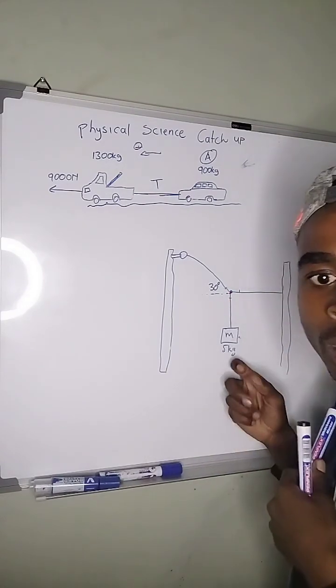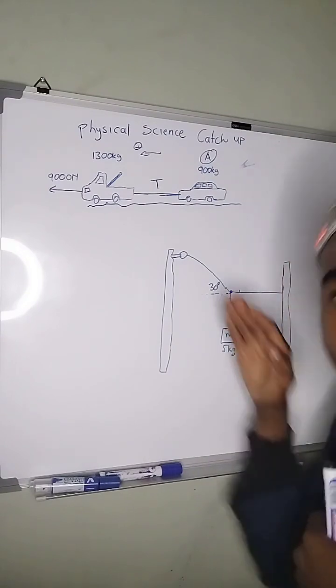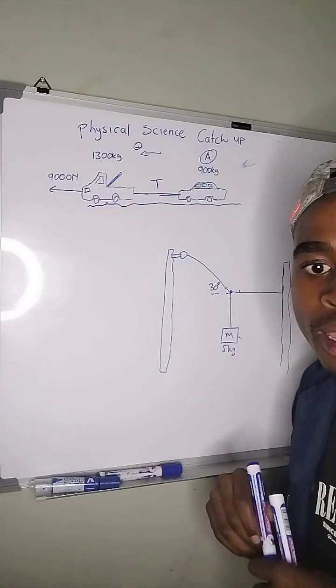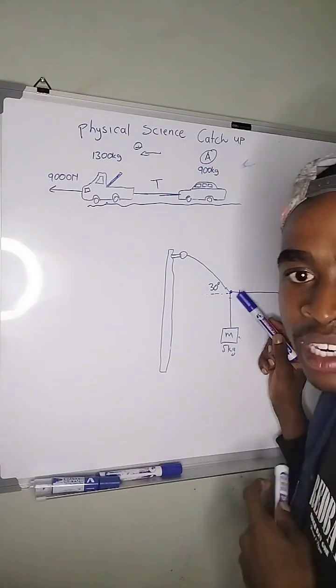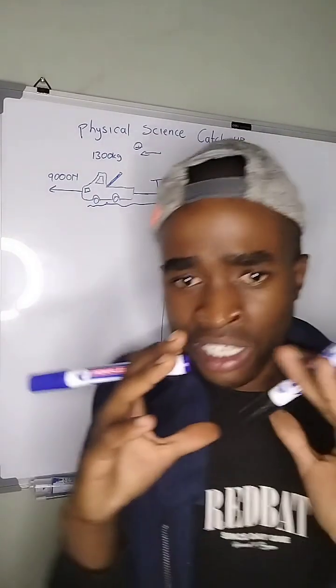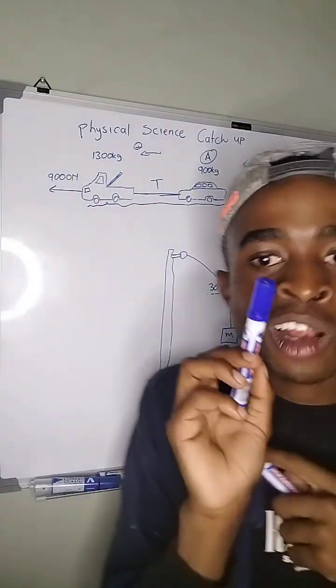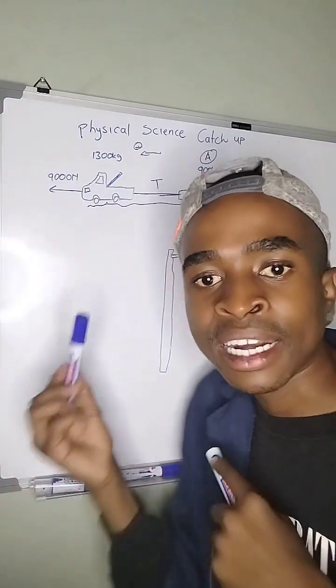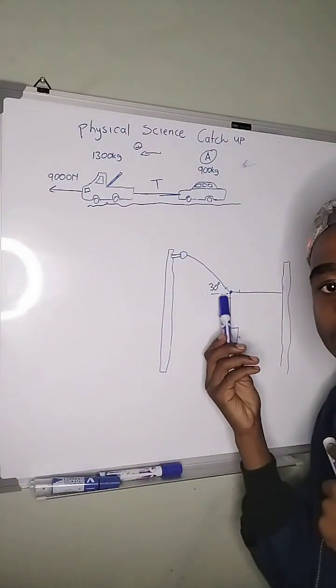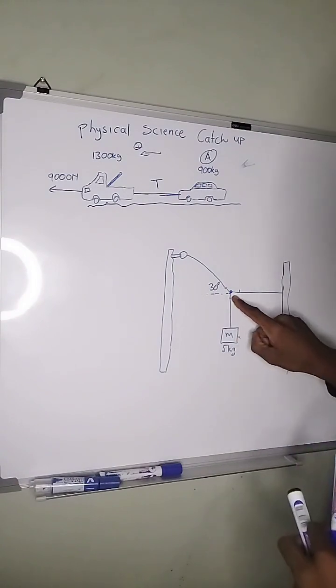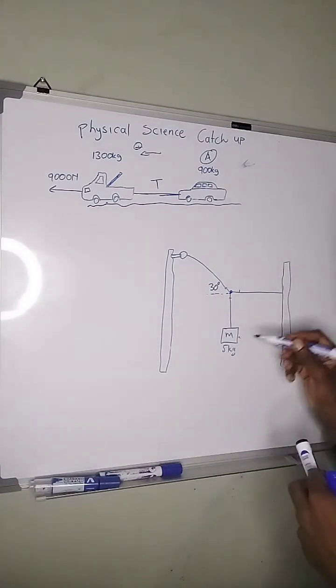So I'm taking this point and I'm going to draw a closed triangle.